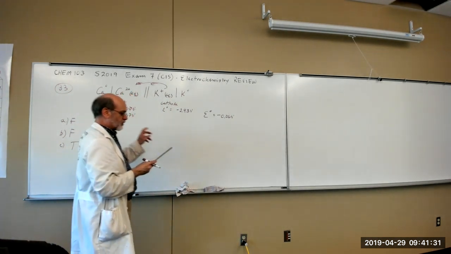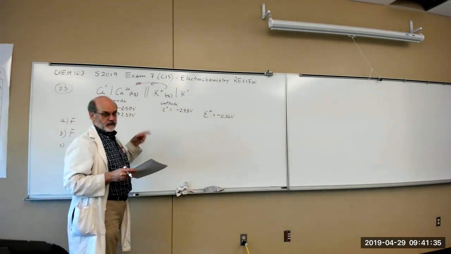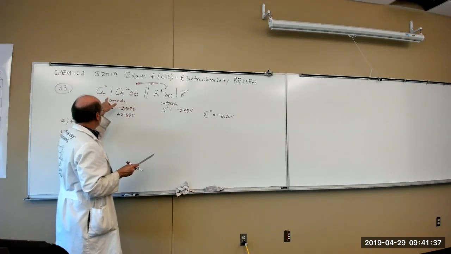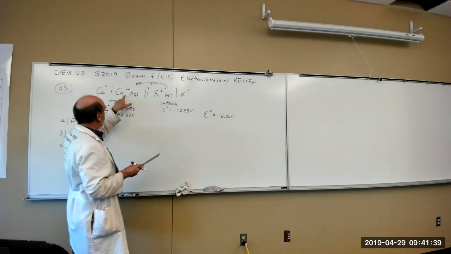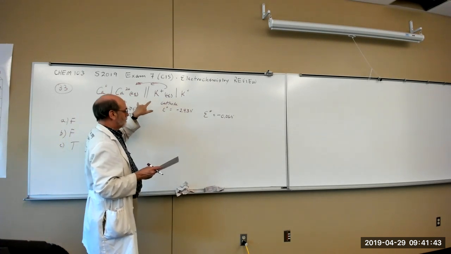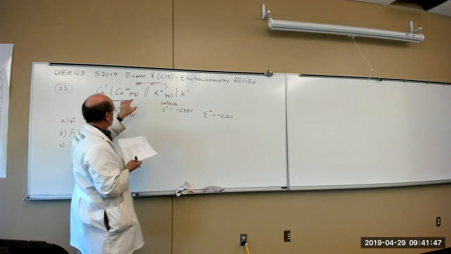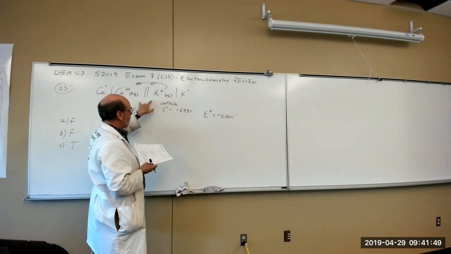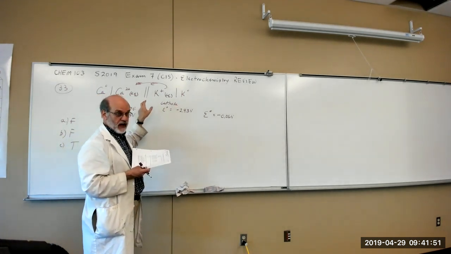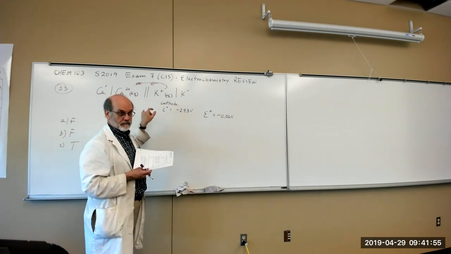Now the key there is standard conditions. If the conditions are not standard, this would be 1 molar, that'd be 1 molar. If these are different, then we could actually write it this way and produce a spontaneous reaction by adjusting the concentrations here.